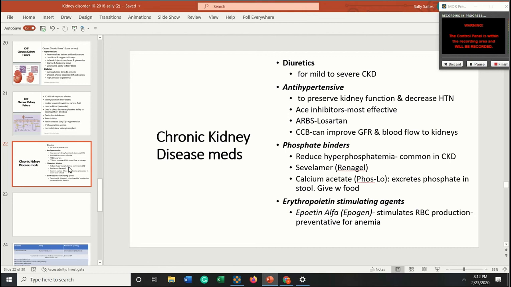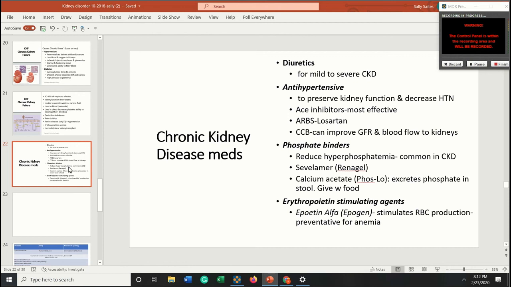Phosphate binders such as Renagel are typically used more in the later stages of CKD, when there's maybe zero urine output or very little urine output, and then our electrolytes are off balance. So one of the electrolytes that we can help, along with potassium and that Kayexalate, right?